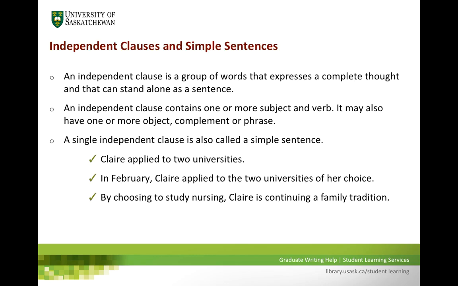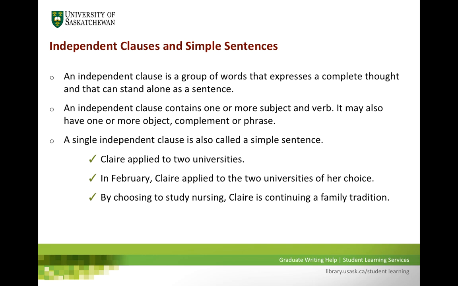Let's first look at independent clauses and simple sentences. An independent clause is a group of words that expresses a complete thought and that can therefore stand alone as a sentence. So an independent clause contains one or more subject and verb.